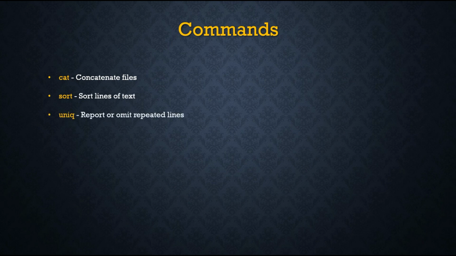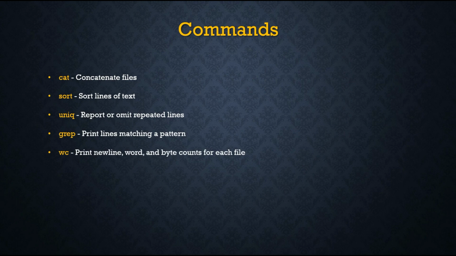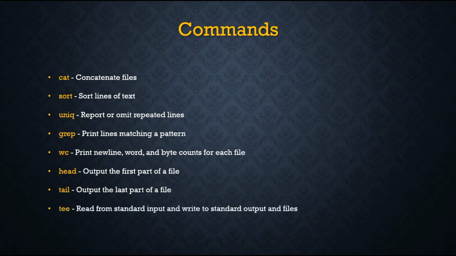Then uniq, it gets the unique text or values, it omits the repeated lines, and grep prints the lines matching a pattern, and wc prints the newline, word and byte counts for each file. Head outputs the first part of a file, and tail outputs the last part of a file. tee reads from standard input and writes to standard output and files.